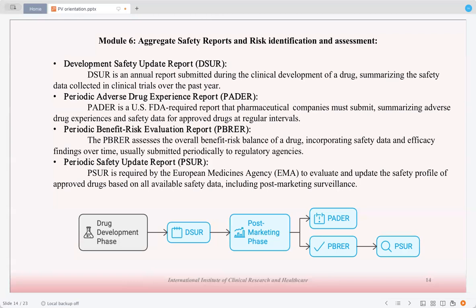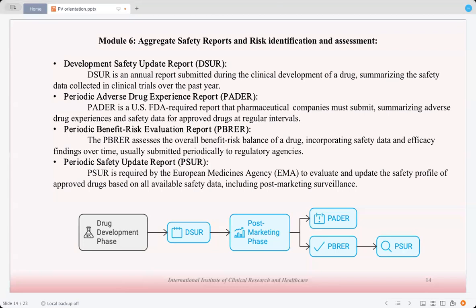Then PBRER, that is the periodic benefit risk evaluation report. In this report, they need to assess the overall benefit risk balance of the drug, incorporating the safety data and efficacy findings over time. Usually they need to submit this data periodically to the regulatory agencies.